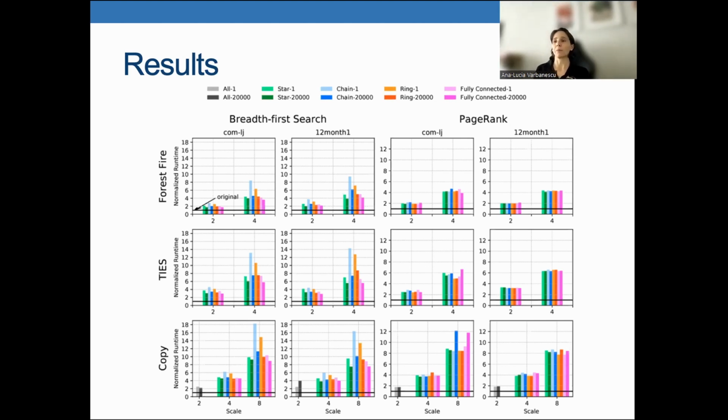In practice, however, as expected, the devil is in the details, because as we started zooming in at different types of graphs, we started seeing significant deviations from the performance that we expected.